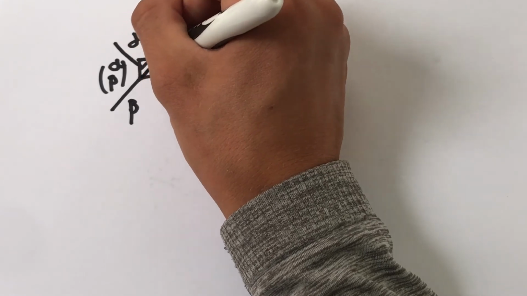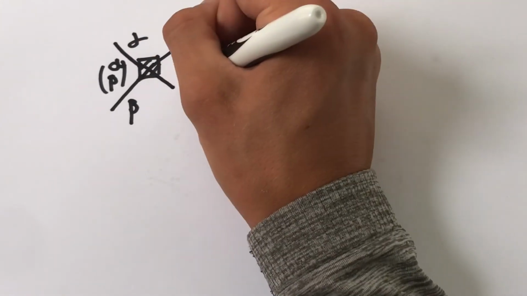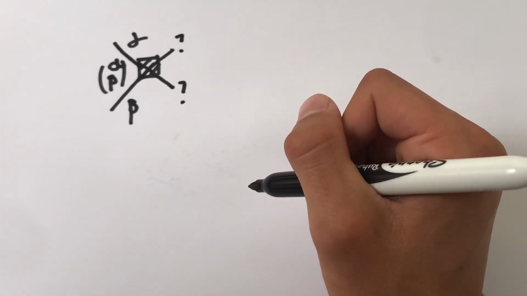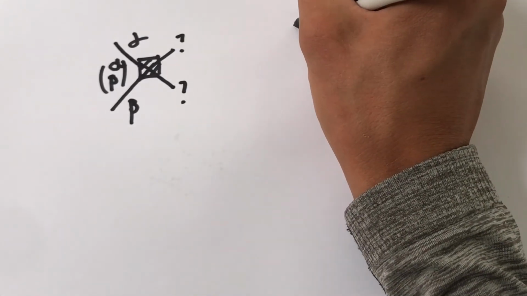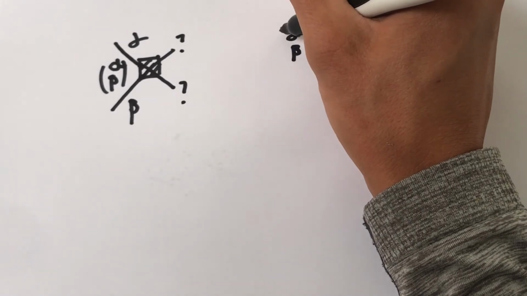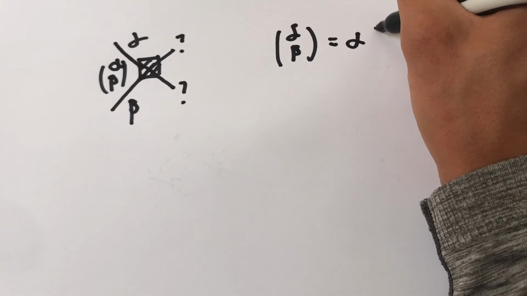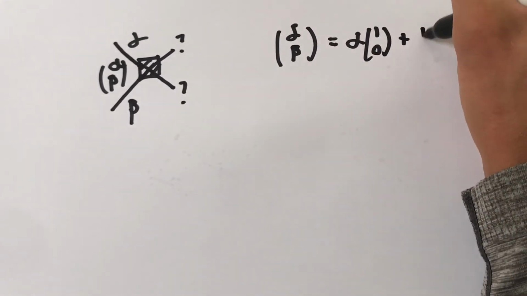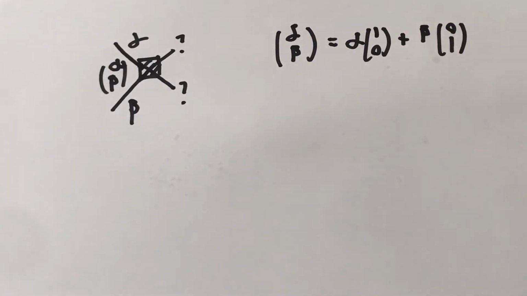And out, well, what do we get? We don't really know. Let's mark them as question marks. But as I mentioned before, we have this vector formulation, that alpha beta is the same as saying alpha times 1, 0 plus beta times 0, 1 vectors.